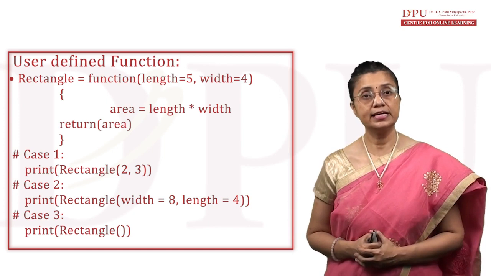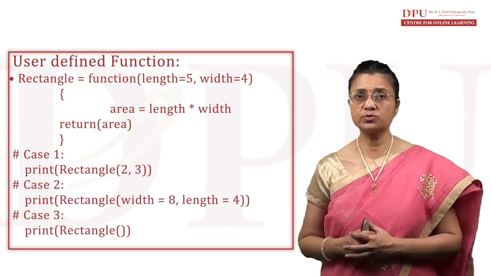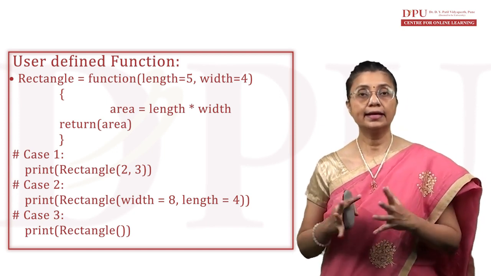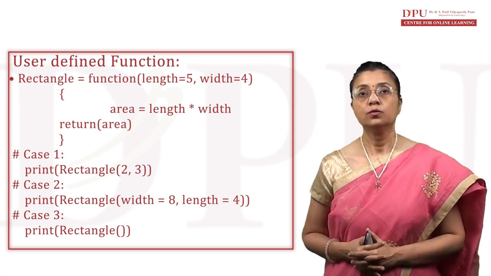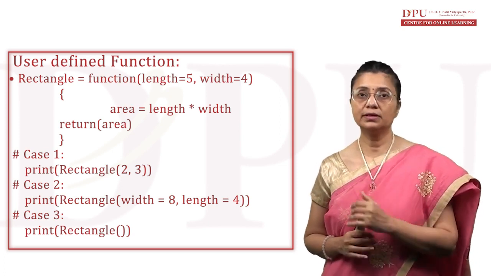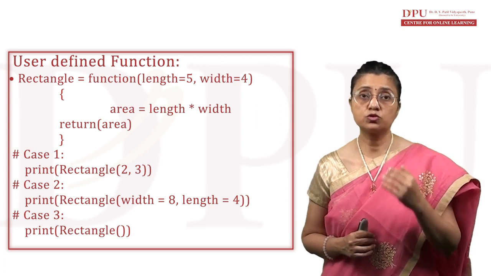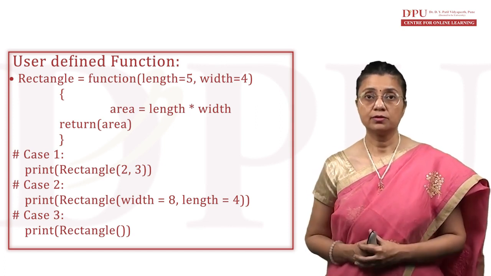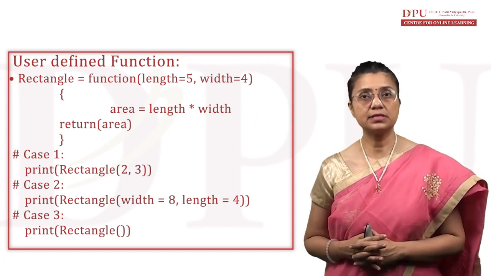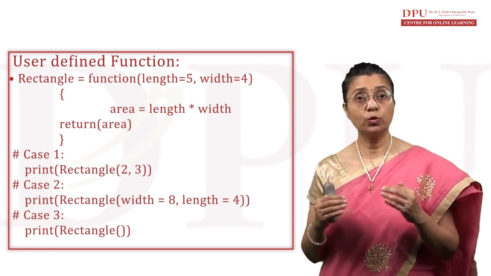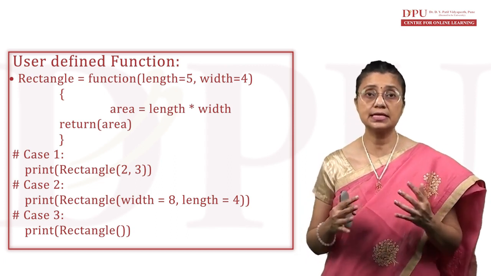So let's understand case 1 now. In the case 1, we have print rectangle 2, 3, which means rectangle 2, 3. Now length becomes 2 and width becomes 3. So which means area becomes 6. So if I'm going into the case 1, it is printing 6.